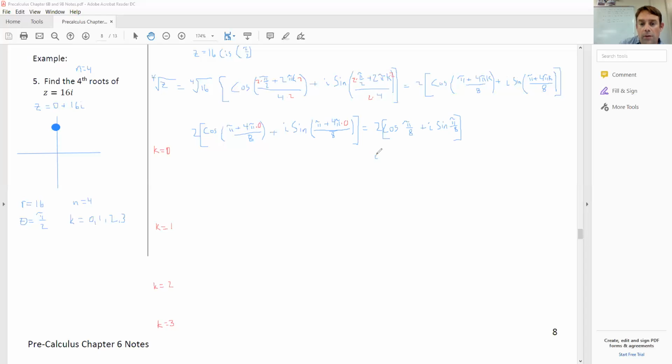Or better yet, knowing that I'm going to be using cis form, I'll probably leave it as 2 cis pi over 8 from here on out. But this pi over 8 is not on the unit circle, so I don't get a real pretty answer here. And again, that's okay. I don't have to. Let me plug it in real quick just so you guys can see what the actual answer would have been if you would have used it.